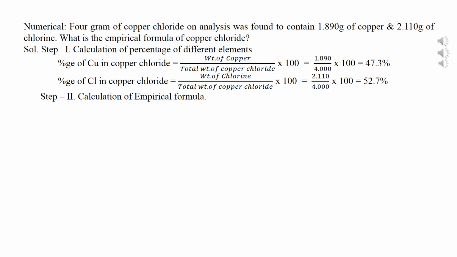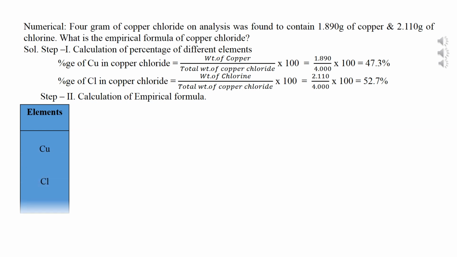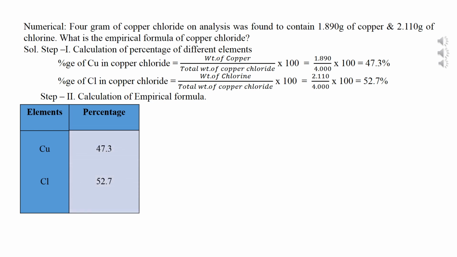So first we have to write the elements present in the numerical problem, that is copper and chlorine. So then the percentage of copper 47.3 and of chlorine is 52.7%. Then we can write the atomic masses of copper, that is 63.5, and of chlorine is 35.5.